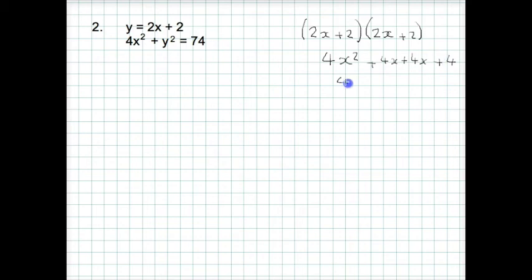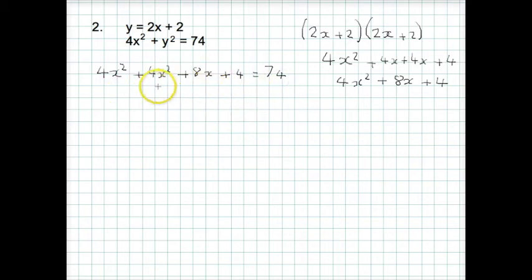If we then group the 4x's together, we get 4x squared plus 8x plus 4. We now replace this into here. So this second equation becomes 4x squared plus another 4x squared plus 8x plus 4 equals 74.